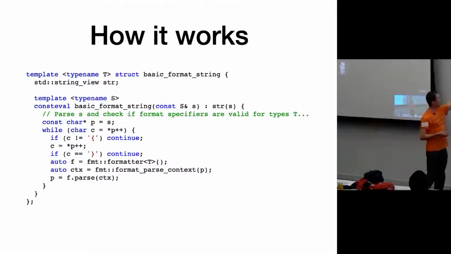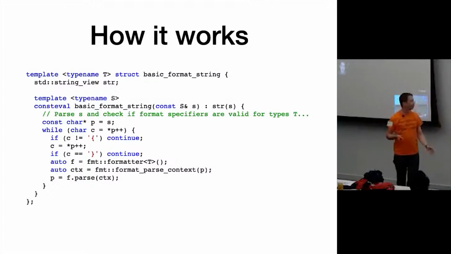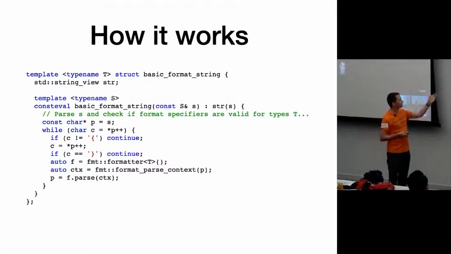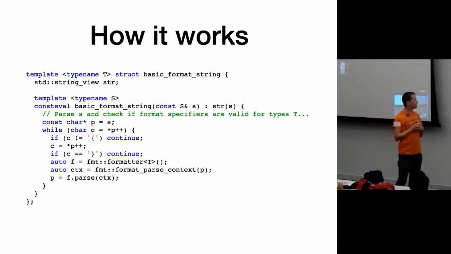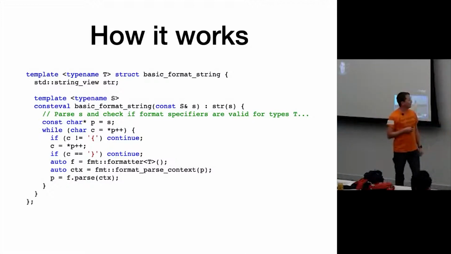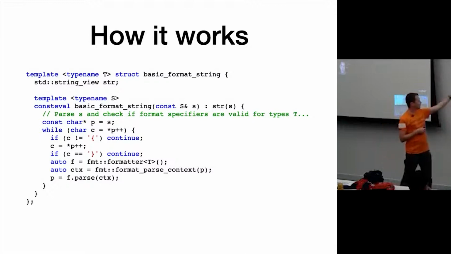And here we have a little bit of parsing code. It's a silly parsing code. It assumes that S is convertible to a string view, so it may be a literal or a pointer to characters. We check if there is an opening curly bracket and a closing curly bracket, and everything else we skip.